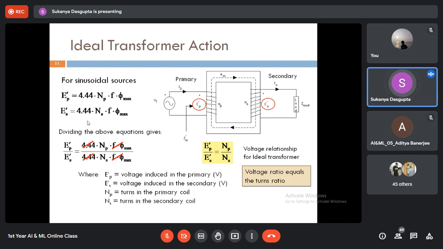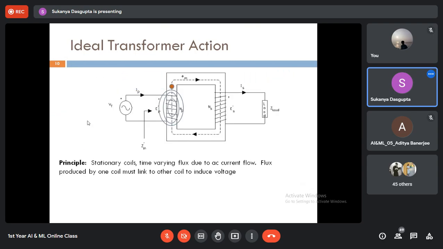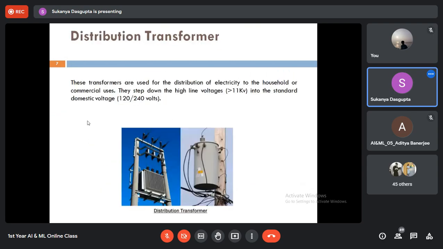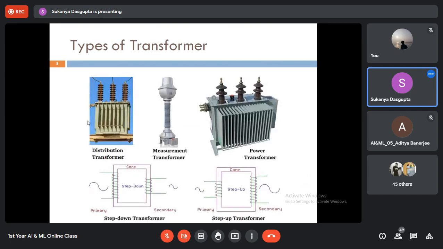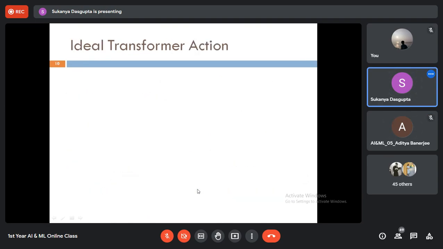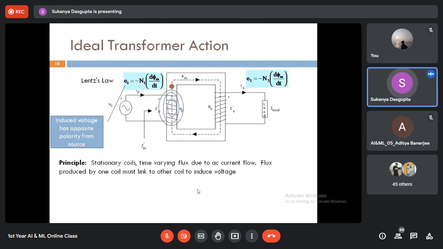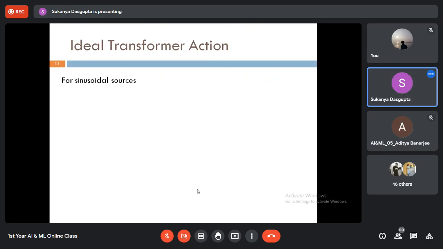EP dashed by ES dashed is NP by NS. Now, if NP is higher than NS, it is a step down. Why step down? Because EP will be higher.